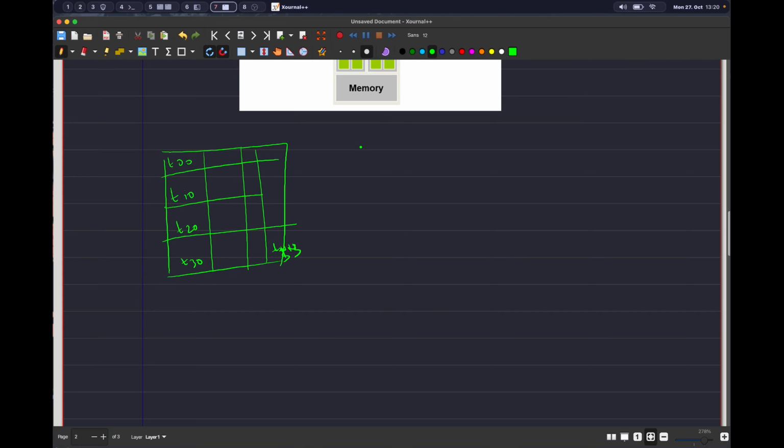So we will first write them linearly. T00 all the way to T03 will go here. Then T10 to T13 will go here, then T20 to T23 will go here, then T30 to T33 will go here.